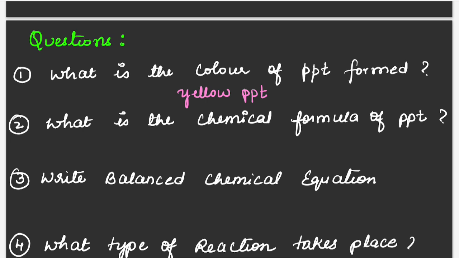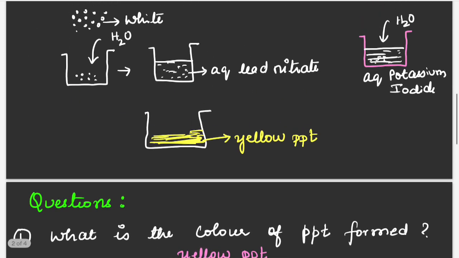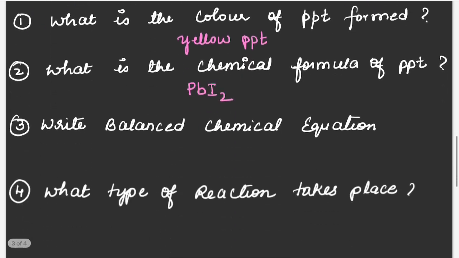The chemical formula is lead iodide, PbI2. The yellow color precipitate is formed because of the formation of lead iodide, whose formula is PbI2. PbI2 is responsible for giving this yellow color.